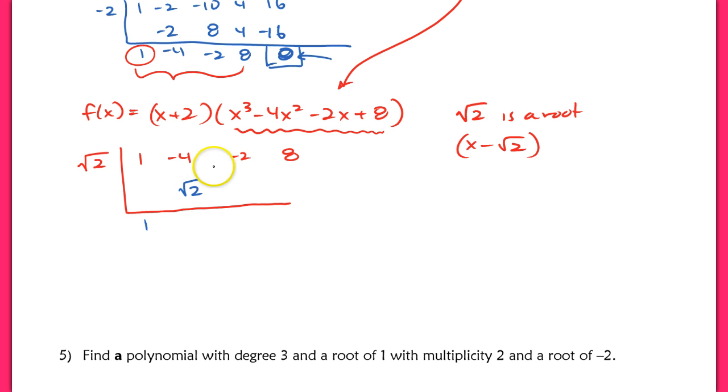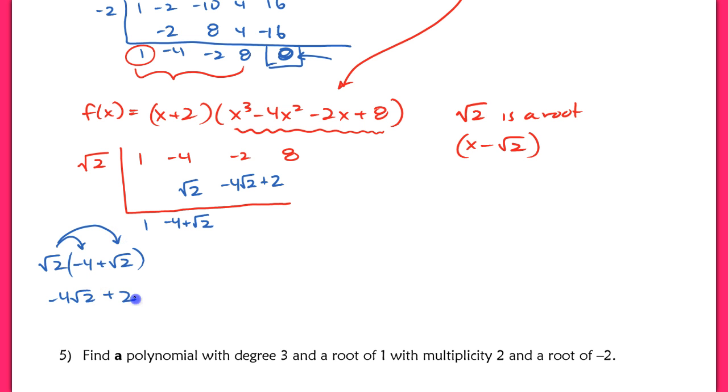Now when I add negative 4 plus root 2, I simply write it like this. Now when I multiply negative 4 plus root 2 times the root 2 on the outside here, I end up with negative 4 root 2 plus 2, because I'm just distributing the square root of 2. So that's going to be negative 4 root 2. Root 2 times root 2 is a 2. So that's where this is coming from.